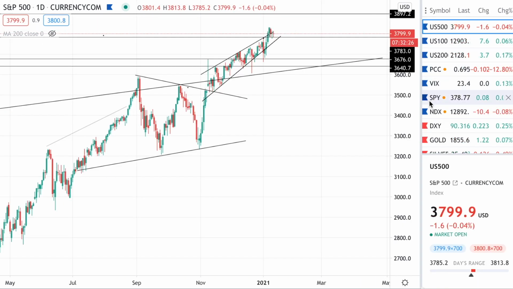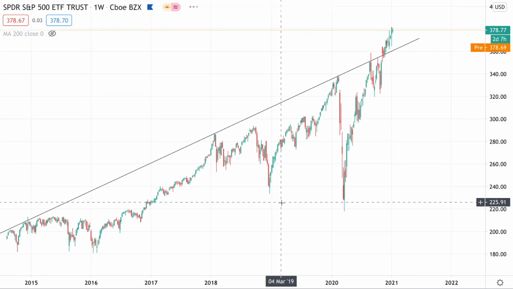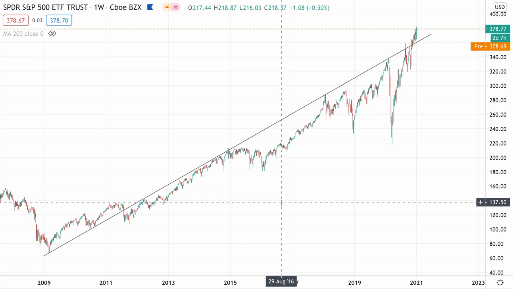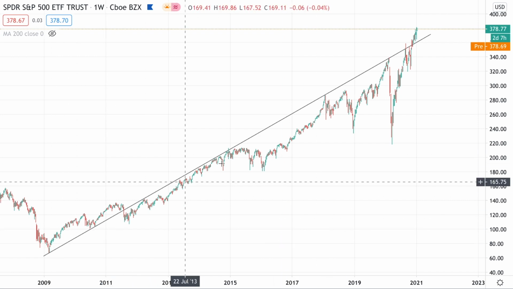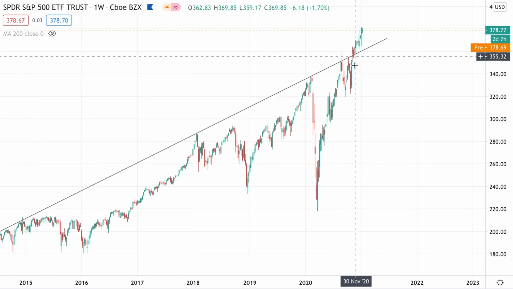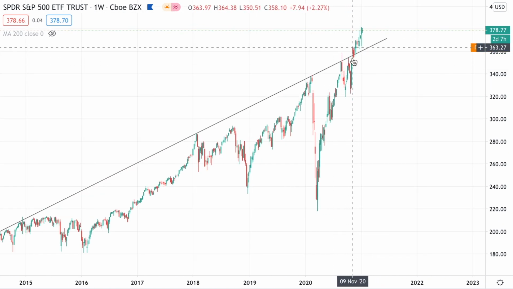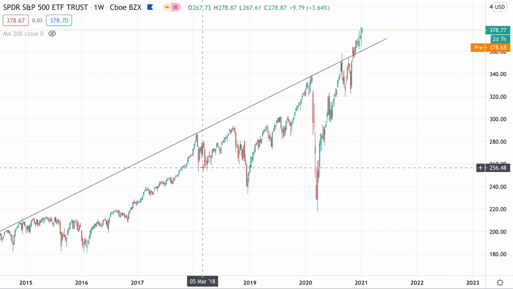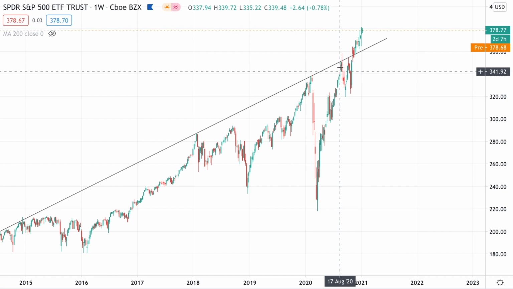I'm going to take a look at a longer term chart of SPX just to remind you guys exactly what we're looking at. We always keep the chart very simple, especially long term. We're looking at this trend line. We had a recent big breakout here, which is a big deal. Every time it used to test that trend line, you had a big rejection, rejection.